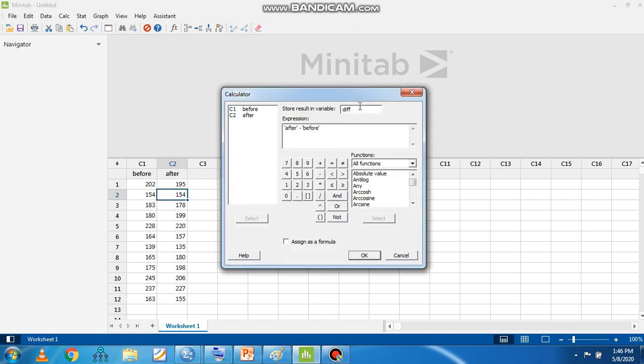Select store results in difference variable. The expression will be after minus before.